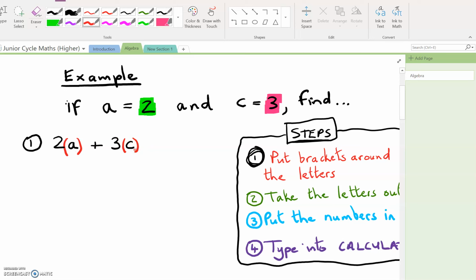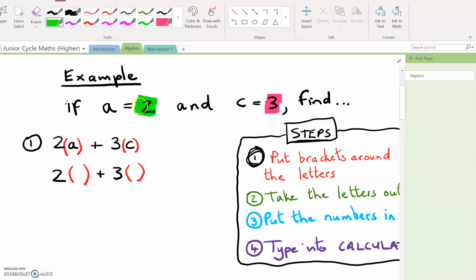What's the next step? Take the letters out. I'm going to leave everything else the same, except I'm not going to have any letters in those brackets. The letters are gone. That's step 2. Step 3, put the numbers in.